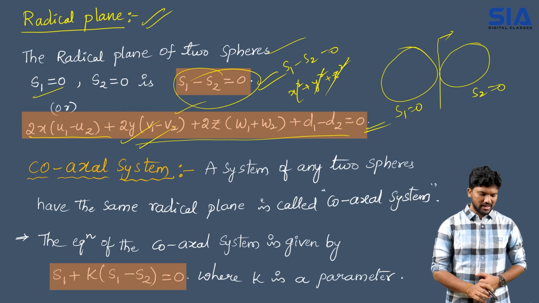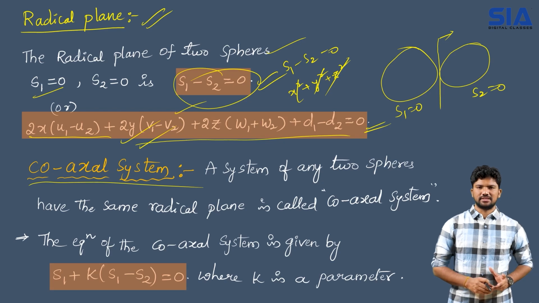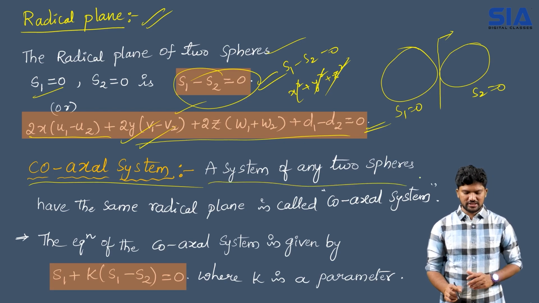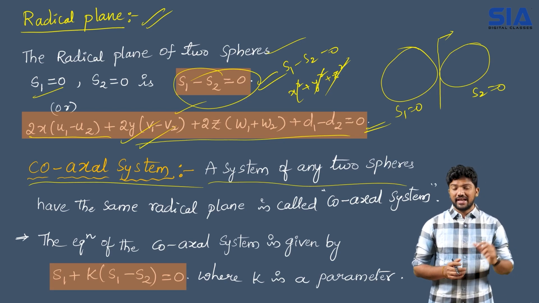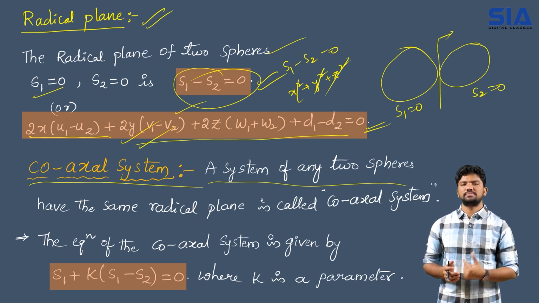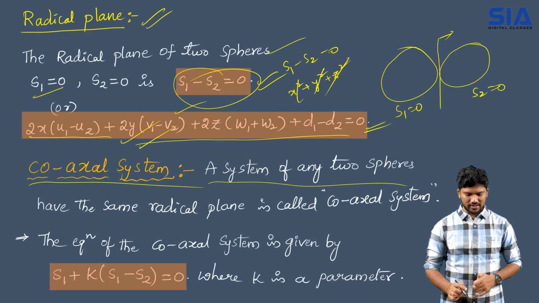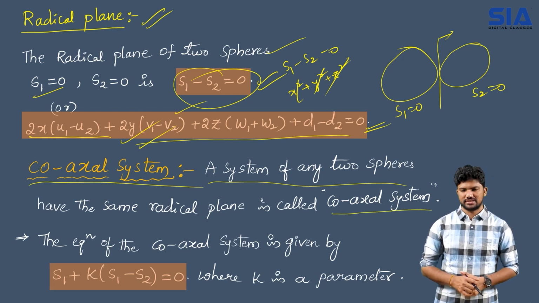Now, last but not least, the coaxial system, one of the very important concepts in this unit, especially for LAQ long answer questions. A system of any two spheres that have the same radical plane is called a coaxial system.